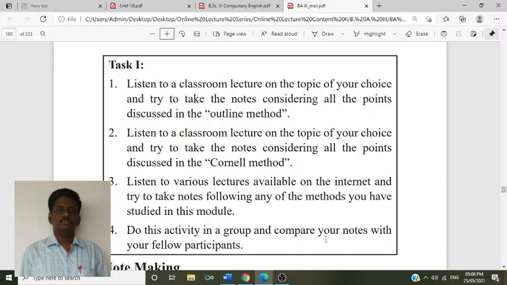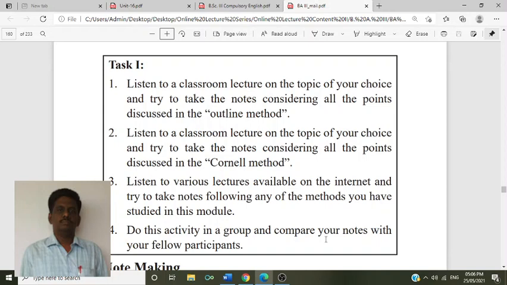Then listen to a classroom lecture on the topic of your choice and try to take notes considering all the points discussed, in the Cornell method. We discussed that the Cornell method is divided into three parts: main point or main concept, keywords, elaboration, and lastly the summarization.